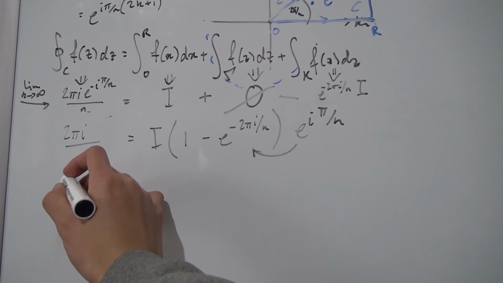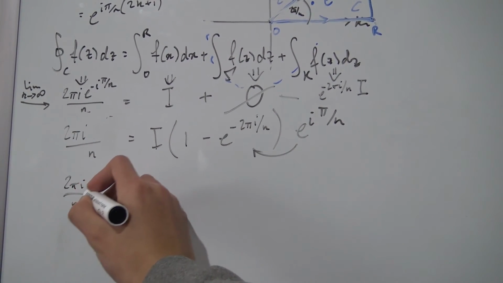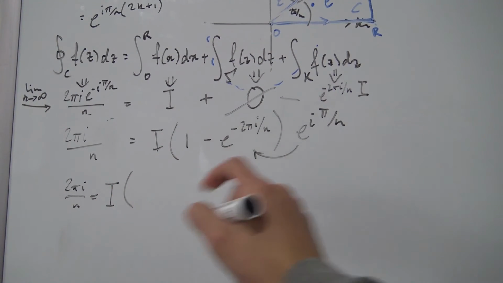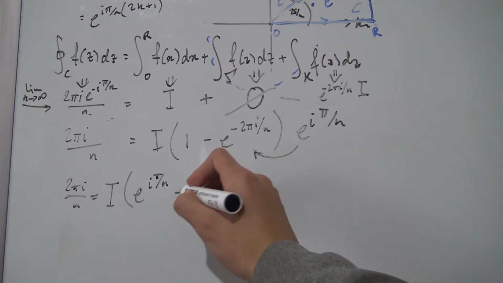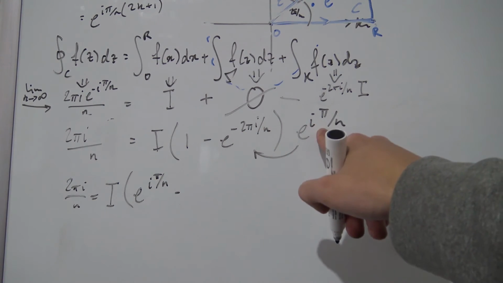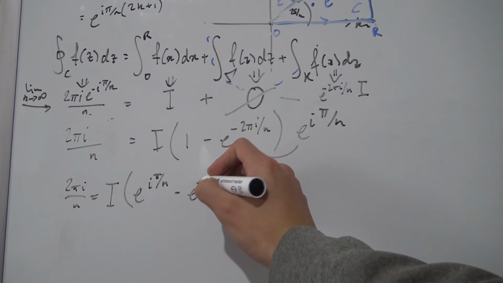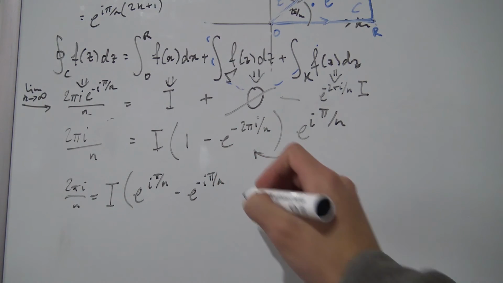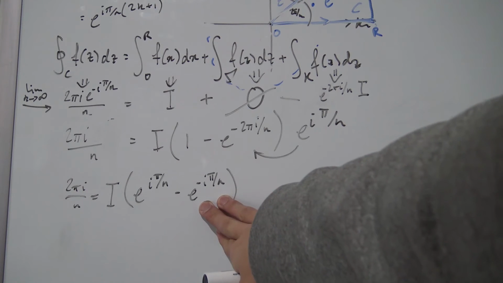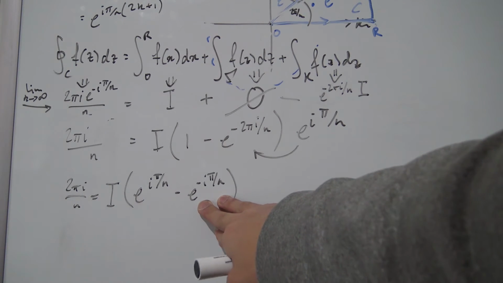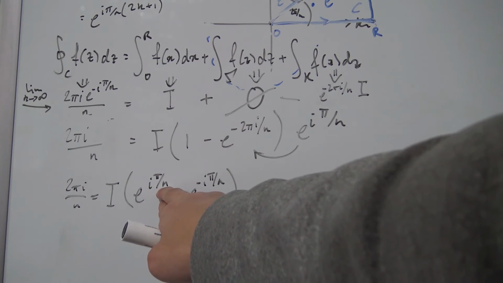So now we have 2 pi i over n being equal to I times e to the i pi over n minus, and then negative 2 plus 1, that's exactly negative 1. So e to the minus i pi over n. And you may notice why I did that, because this almost looks like the complex definition of sine evaluated at pi over n.